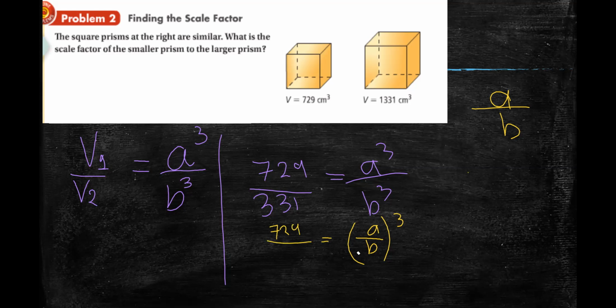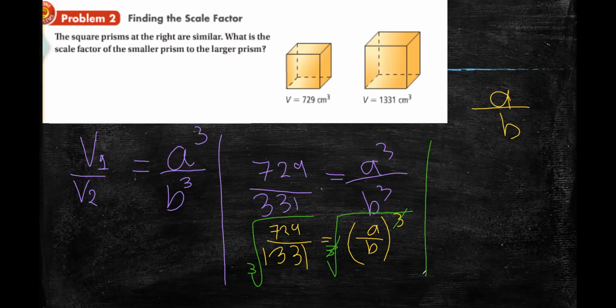So I need a over b. What I have to do is put the first term under a cubic root and the second term under the cubic root. If you want to cancel the cube, you put it under the cubic root, then they cancel each other.